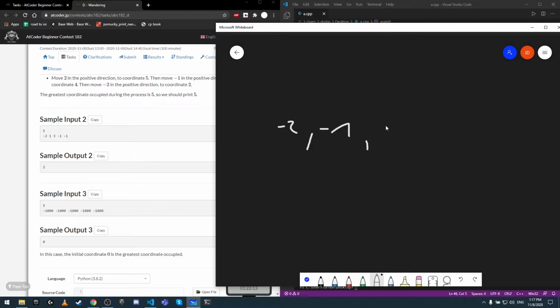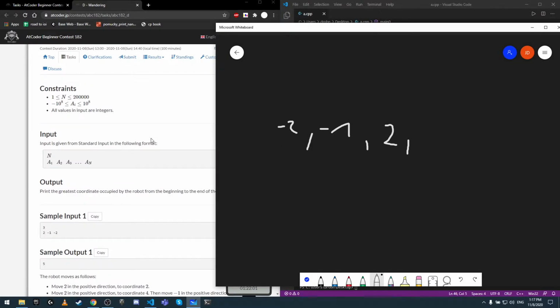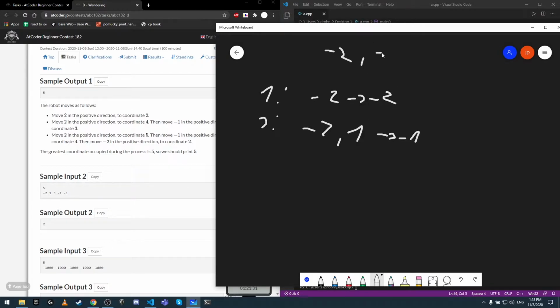Then he will move to 2. Wait. So in the first move here he moves -2, so his position is -2. Then he goes in the second one where he moves -2 and 1, which in total he moves -1, so he goes -1 to -3.